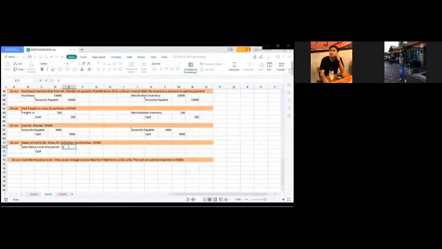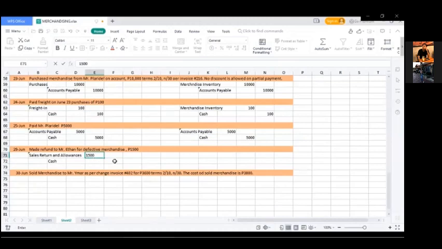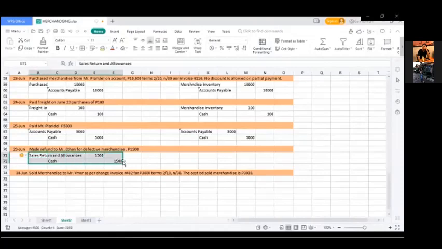Cash kasi cash yung binayad niya kaya cash. So 1,500. So same lang yan, wala tayo diyang papalitan.